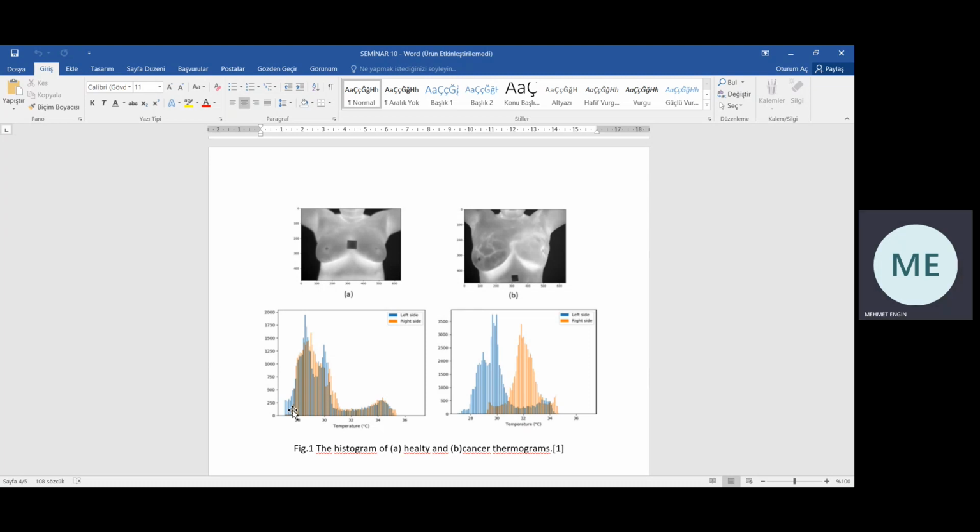A study applied both histogram statistics and gray level co-occurrence matrix, or GLCM, for the identification of textural features of breast thermograms. Features of segmented breast thermograms were extracted using the first-order statistics of entropy, kurtosis, mean, skewness, standard deviation, and variance.